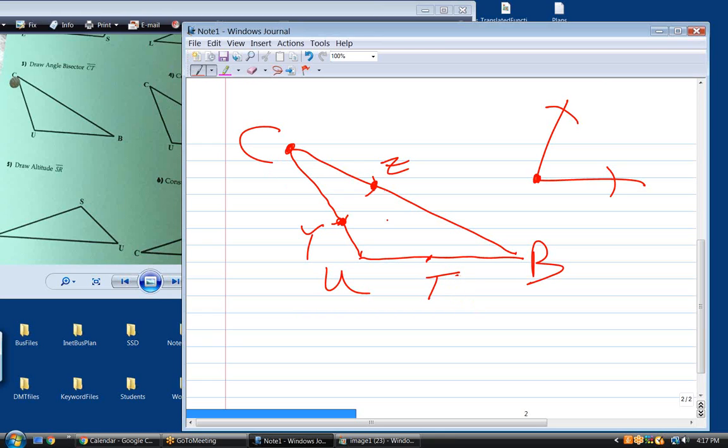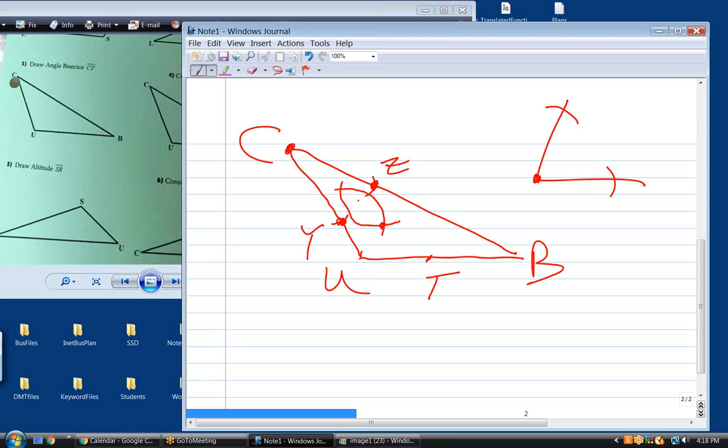In other words, the way I would do it, I would want to be more specific. So I would put the needle on Y, and I would set the arc to be approximately like that, in that ballpark distance-wise. And then, without changing the distance, and this is key, you can't change the distance on the compass, you set the needle on Z, and you draw a similar quarter circle.